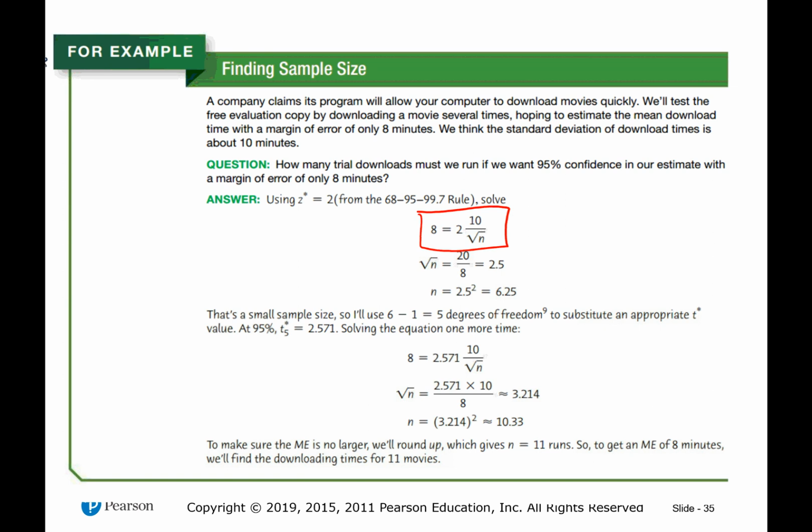So n is 11 times. To get a margin of error of only 8 minutes, we're going to have to download the movie 11 times. Again, we're not going to stop the download in the middle. Let's just round things off to nice whole numbers.